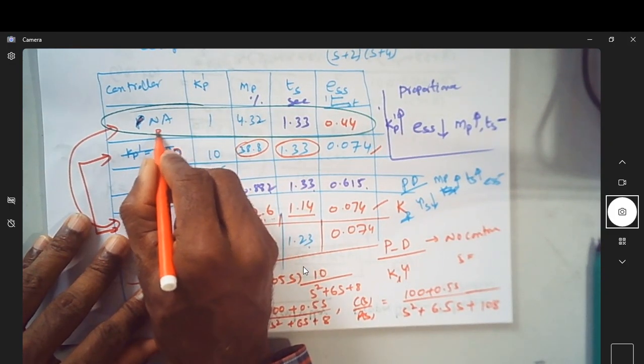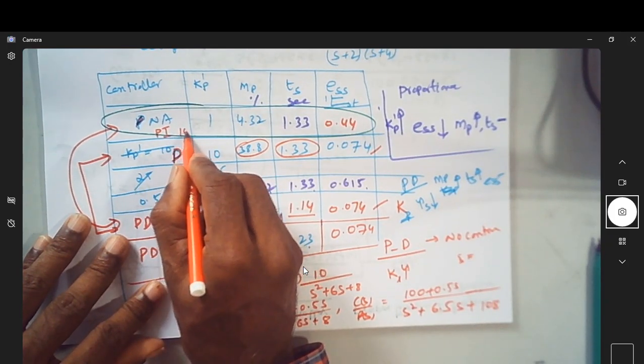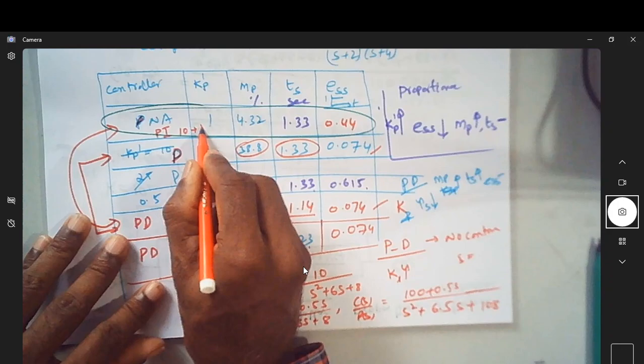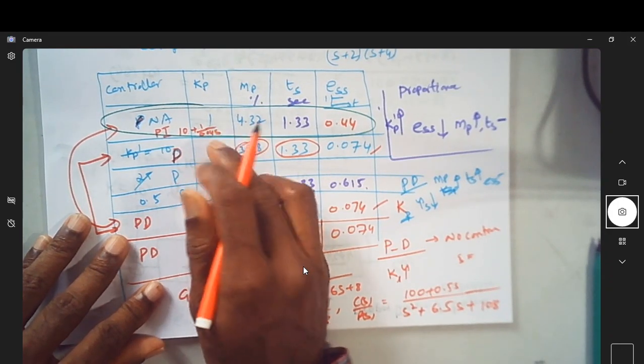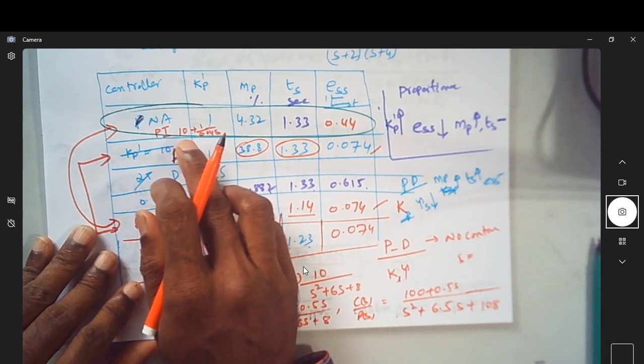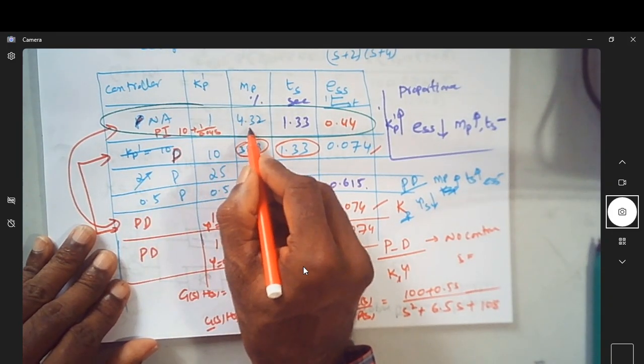Now let me have a PI controller which has 10 plus 1 over 0.04 s as its K and tau values. And what is this MP?